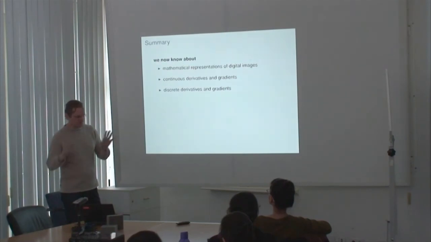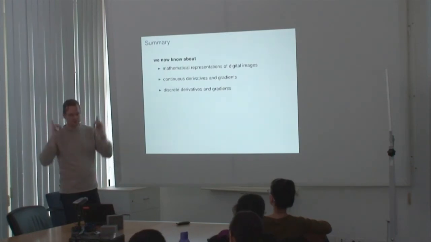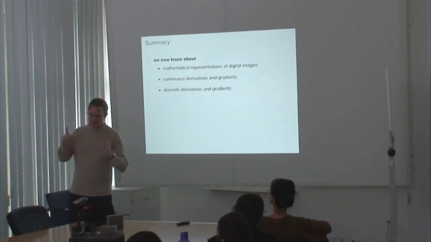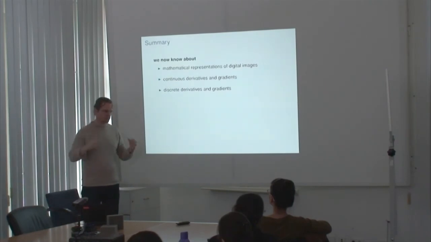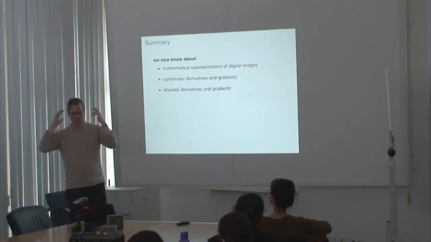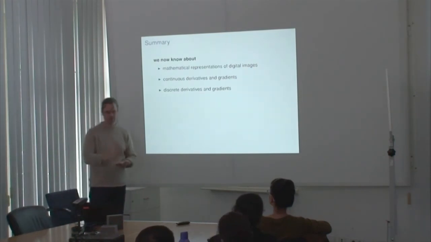Then we saw, and this will keep us busy for the next couple of lectures, that images are certain functions, discrete functions or partial functions. Once we know that images are functions, we can do whatever we are used to doing with functions. We can apply operators to functions.